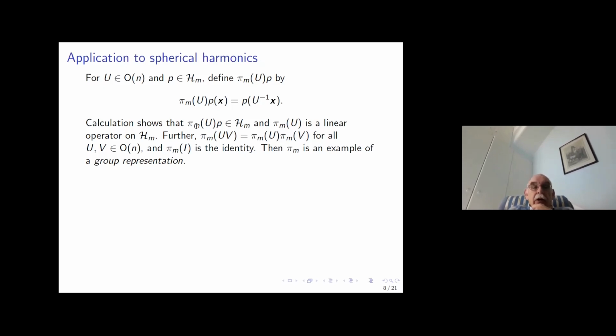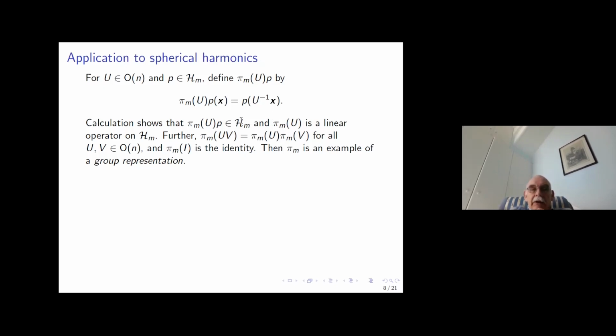It's possible to do calculations and to check that this new polynomial is still homogeneous of degree m, still a polynomial of degree m, and it's still harmonic. It's basically true that if you take a harmonic function and you rotate it around, then it stays a harmonic function.